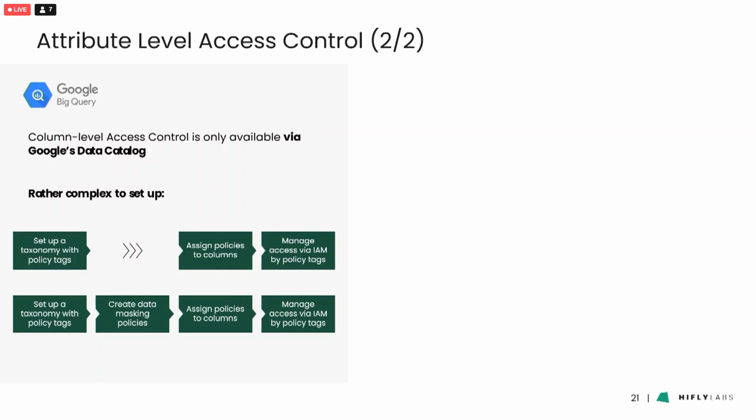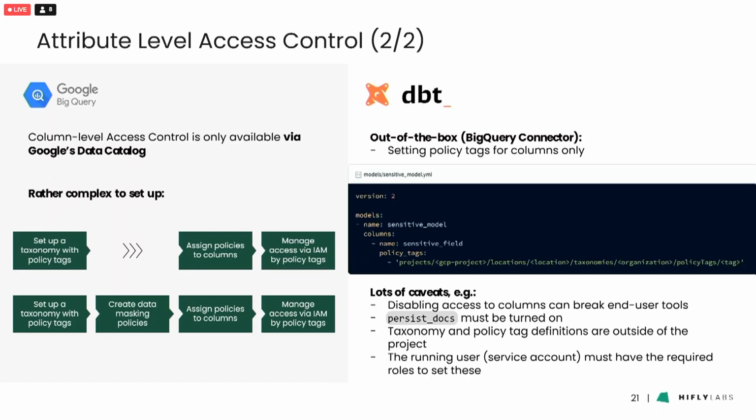This ties very heavily into the data governance tools built into BigQuery, whereas the other access control methods you can use independently of this metadata management thing. This is also a somewhat supported part in DBT.